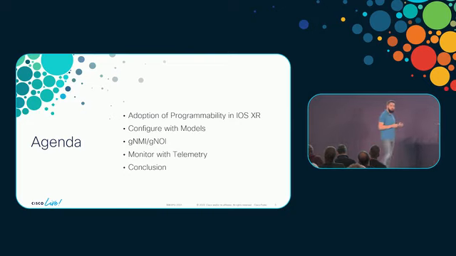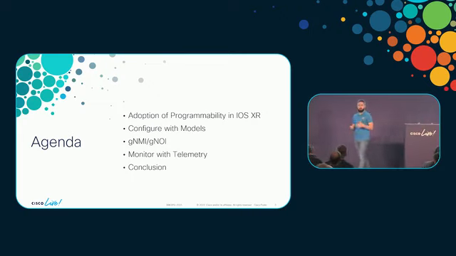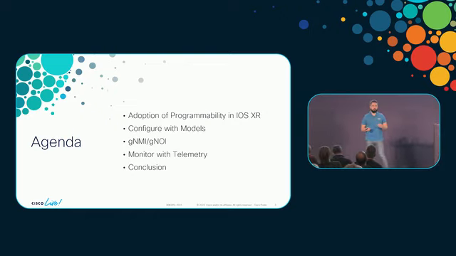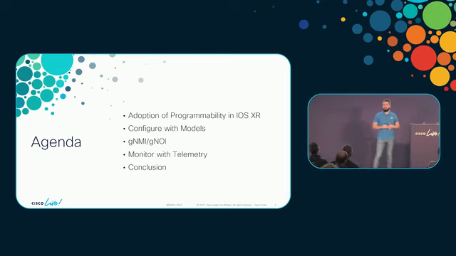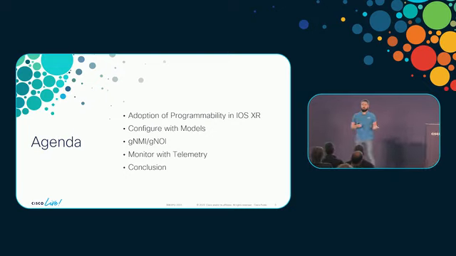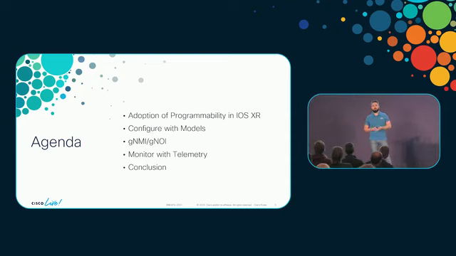After that, we will switch to gNMI and gNOI discussion and how you can use them in your day-to-day operations with IOS XR-based devices. Post that, we will switch to telemetry. We will touch base on the telemetry basics, talk about some new tips and tricks, and cover some of the most popular use cases of sensor paths which may be used in your network, and we'll wrap it up with a conclusion.